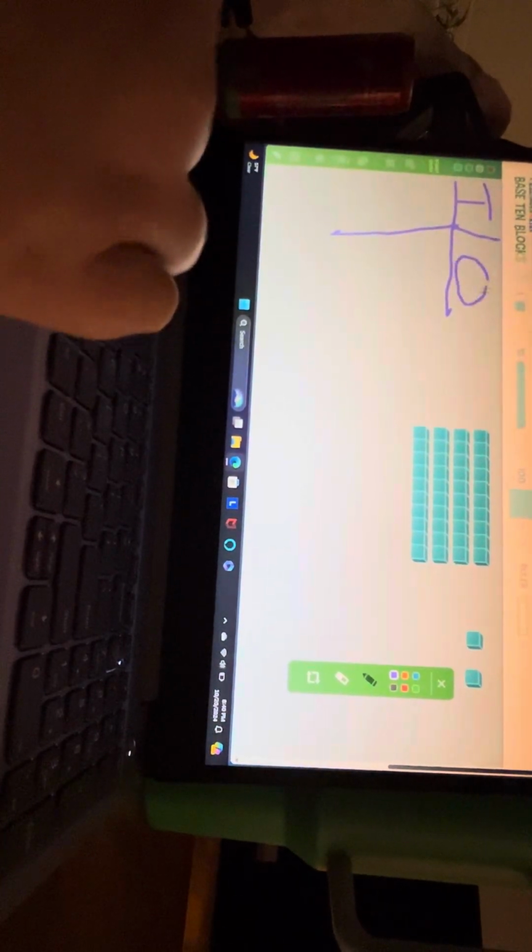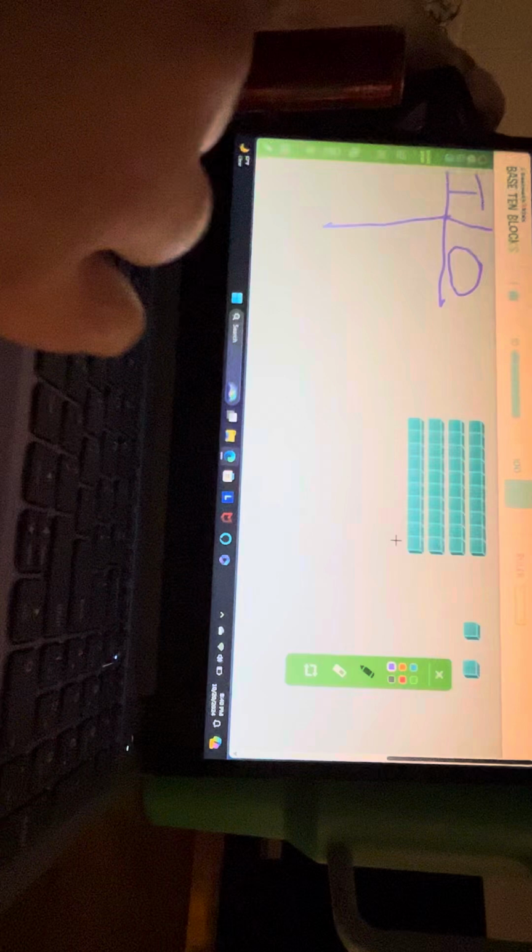Okay. So again, we're going to just draw our little table here. So we're going to put our 10s in one column and our 1s in this column.